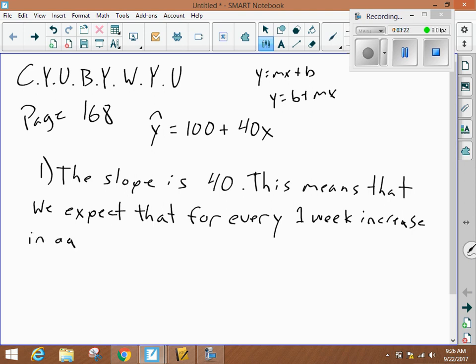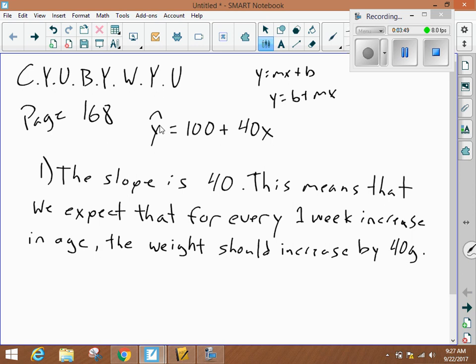In age, the weight should increase by 40 grams. Boom. Again, remember, we want to say we expect, right? We don't want to make any definite statements about this because we're making predictions, okay? These are predictions.